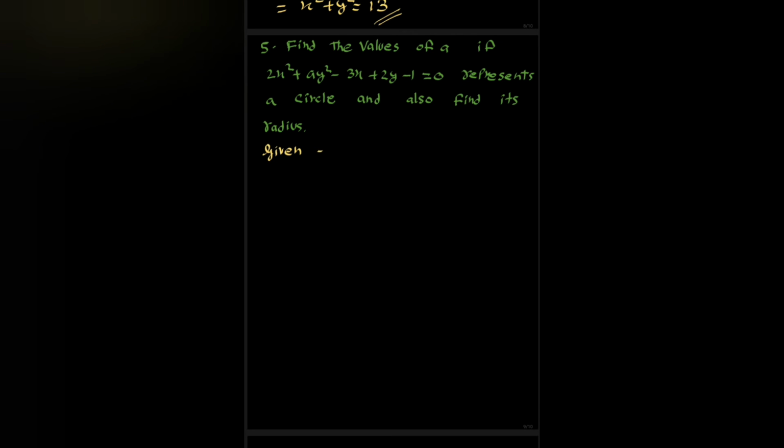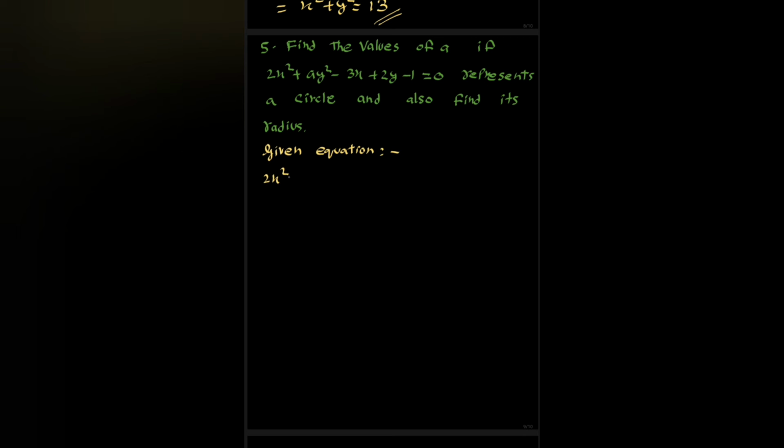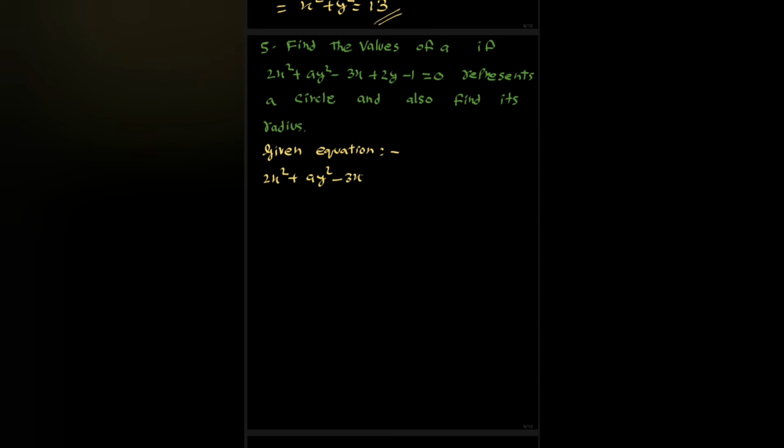given equation 2x square plus ay square minus 3x plus 2y minus 1 equal to 0. So the above equation represents a circle. Then we have a condition, that is coefficient of x square is equal to coefficient of y square.